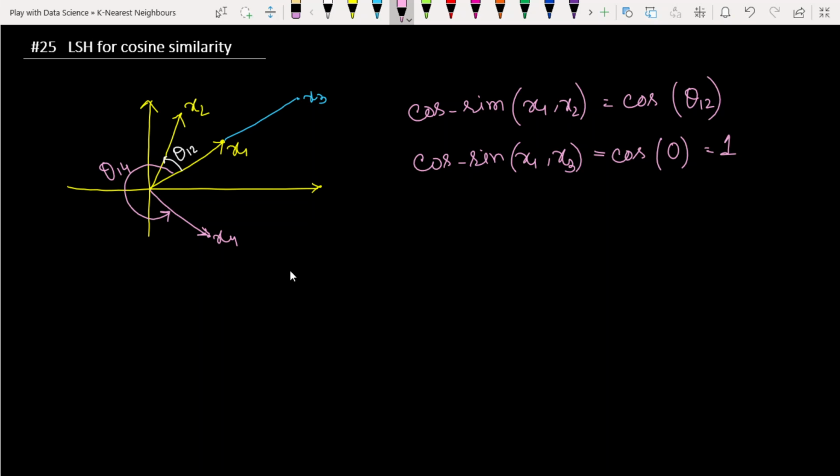means simply 1. The cosine similarity is 1. So the simple thing is that cosine similarity is one kind of angular similarity. Cosine similarity is equivalent to angular similarity.